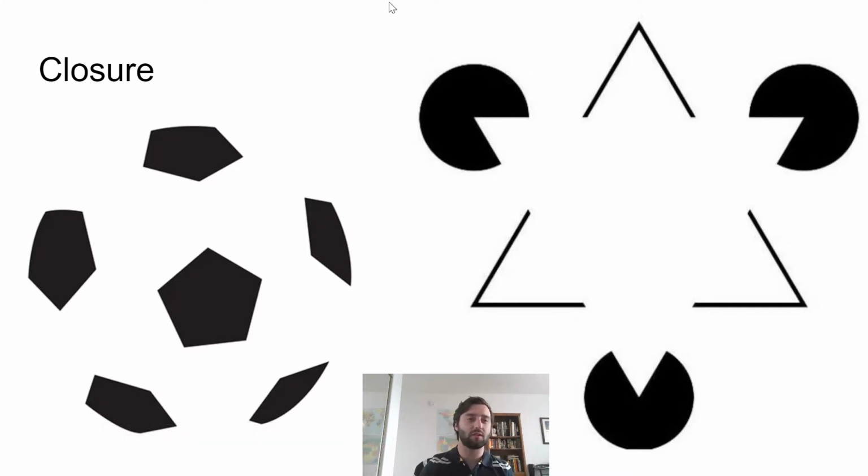It's just some weird shaped hexagons. Well, there's actually 1 or 2 real pentagons and then some kind of curved ones with nothing else. Yet you can probably almost make out a line that goes all the way around. That's this idea of closure, that we expect objects to be closed, to be contained.